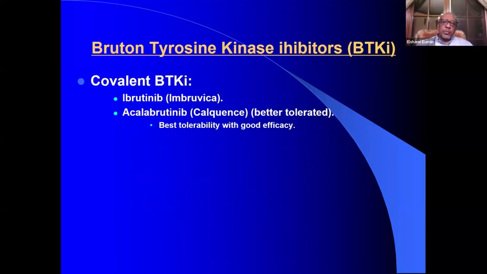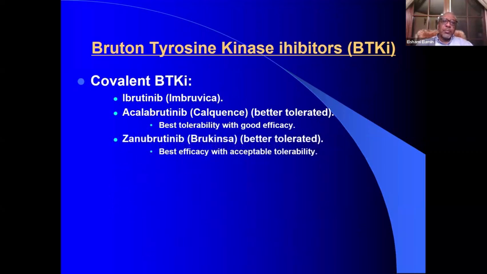So if you're looking for tolerability and good efficacy, Acala is better. But if you're looking for the best efficacy with acceptable tolerability, then zanubrutinib, or Brukinsa, is the best. So these are the 3 options for you to use.